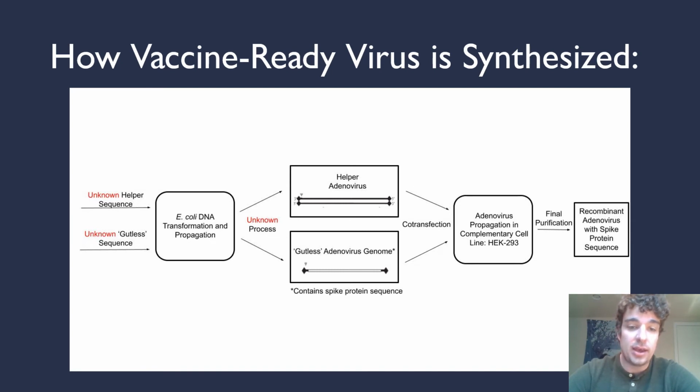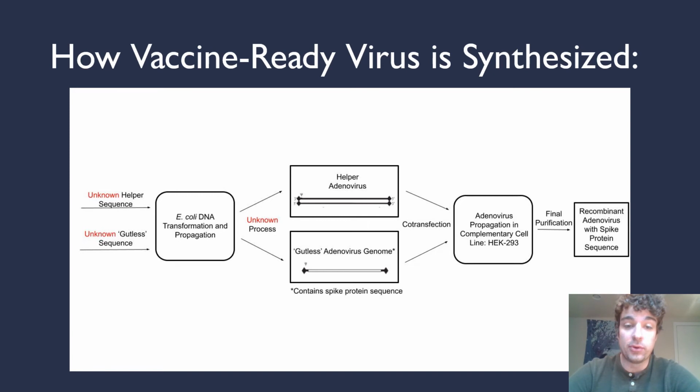The issue we had is that in the beginning part of the process, we have a lot of unknowns. So we are not sure what the helper sequence actually looks like, nor the gutless sequence. We know that both of the sequences are transformed by E. coli and propagated, but then the process by which those are purified into the helper and gutless adenovirus is unknown.